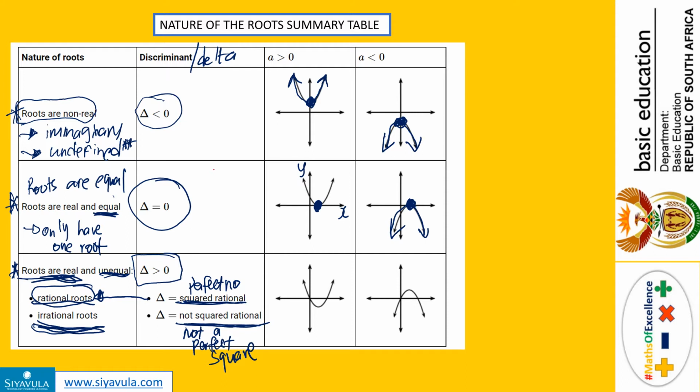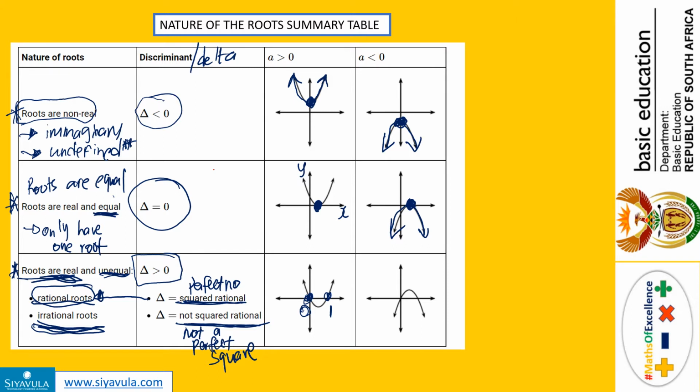Okay, how do we know on our graph? With real roots, there are normally more than one root. You can see here you can have an answer 0, maybe here you can have an answer 1. So these two answers are the roots, right? With the 0 and 1, they are roots. So we can actually get the nature of these roots by just looking.